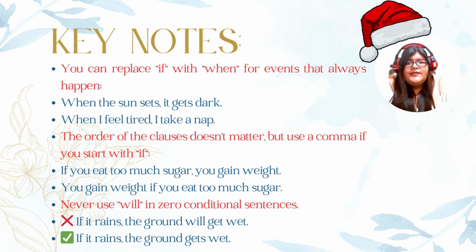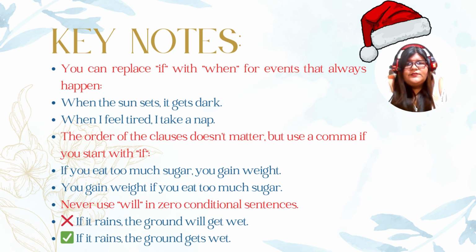Then we have here key notes. You can replace if with when for events that always happen. For example, instead of using if, we can say, when the sun sets, it gets dark. When I feel tired, I take a nap.